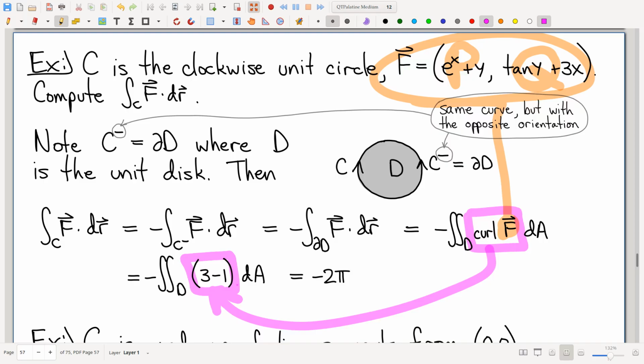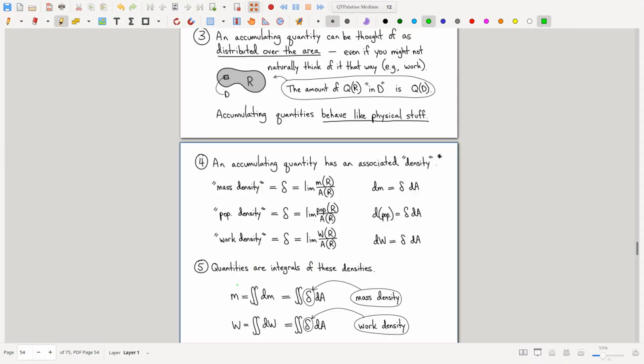And by the way, that's going to happen with the several remaining big theorems that we're going to see with this same strategy, where we identify accumulating quantities, think of them as a stuff, talk about the associated density, and then compute with integrals. We're going to see this for Gauss's divergence theorem, which allows you to compute one kind of integral with a different kind of integral.